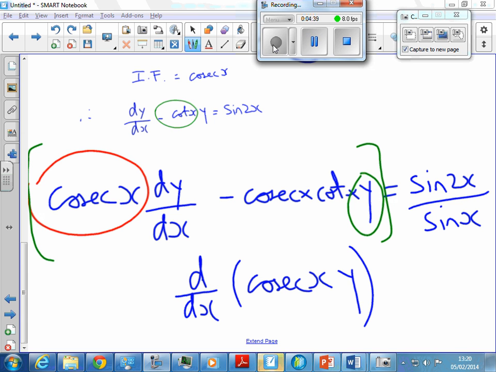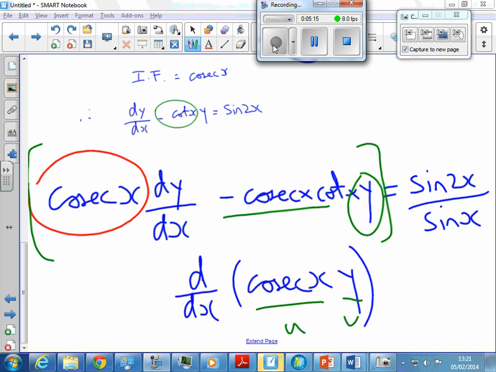So at this stage, you can see whether you've done it right or not, because this is just the product rule, isn't it? u, v. So it's u dv by dx, where v is y, so it's going to be cosec x dy dx plus v, which is your y, times du by dx. And the derivative of cosec x is minus cosec x cot x. So now what goes inside the bracket is very simple.